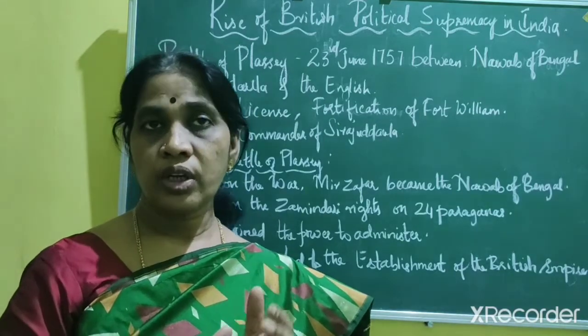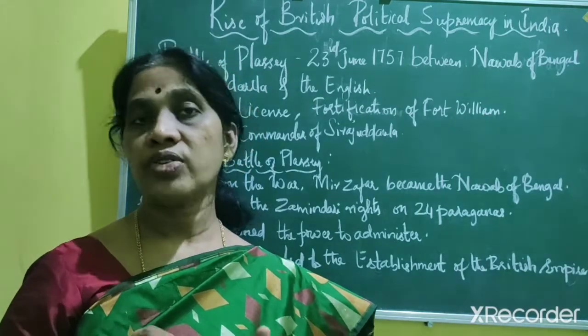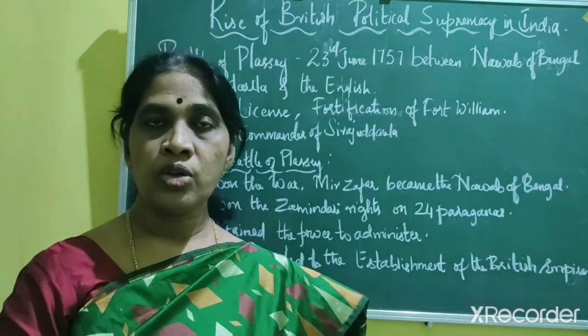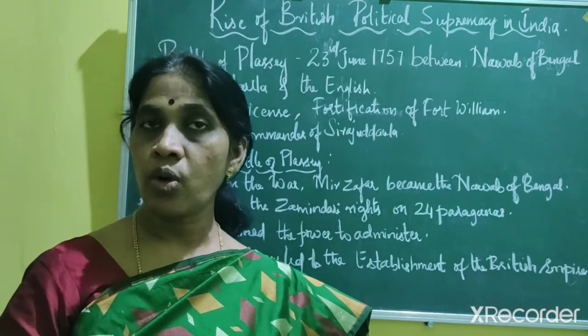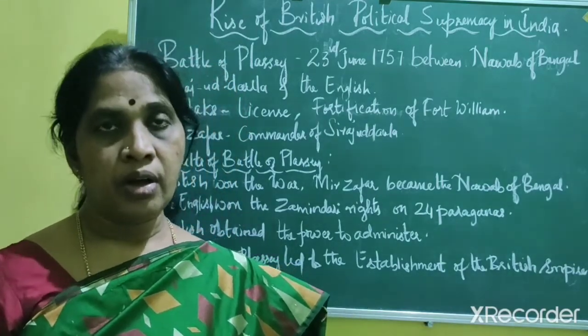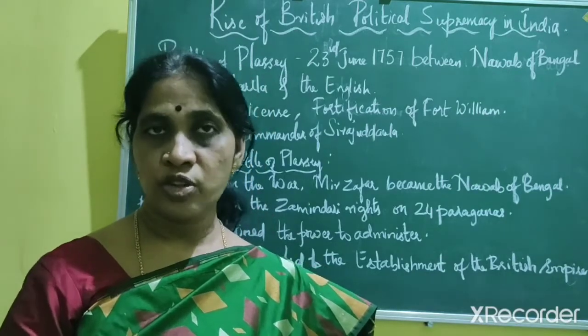So the East India Company tried to help one of Sirajuddaulah's rivals become the Nawab of Bengal. When Sirajuddaulah came to know about this, he became angry and told the British company not to meddle in the political matters of his province.